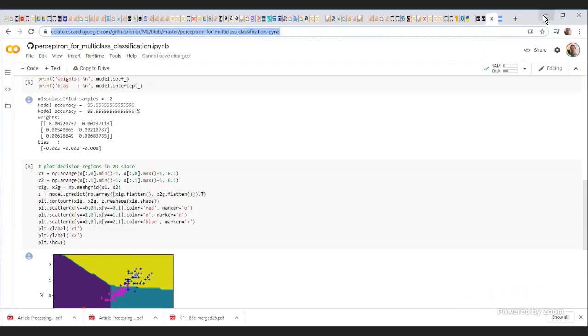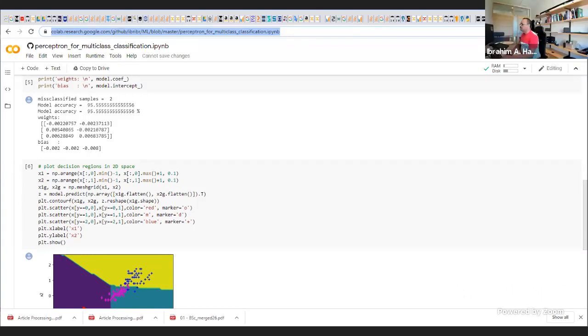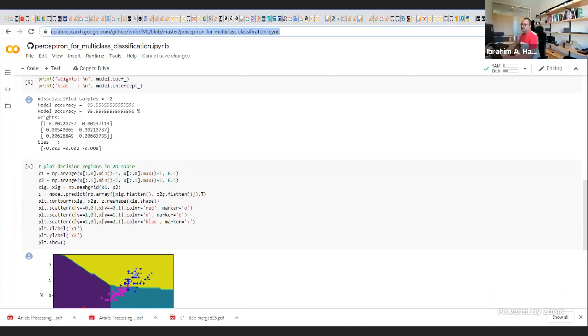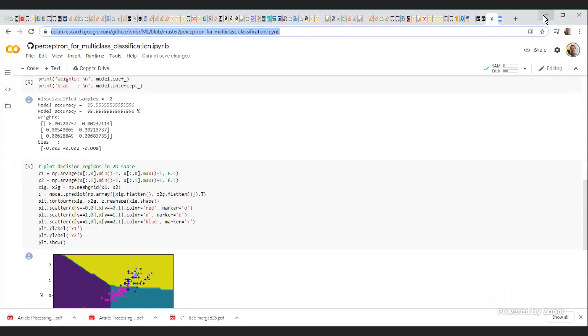Okay, Ibrahim, I have a question. When we are applying the perceptron model, we are providing Y or labels in the form of zeros, ones, and twos only. Yes, three classes. But in the lab, we tried to do the same model in the previous class with Ming Tao.